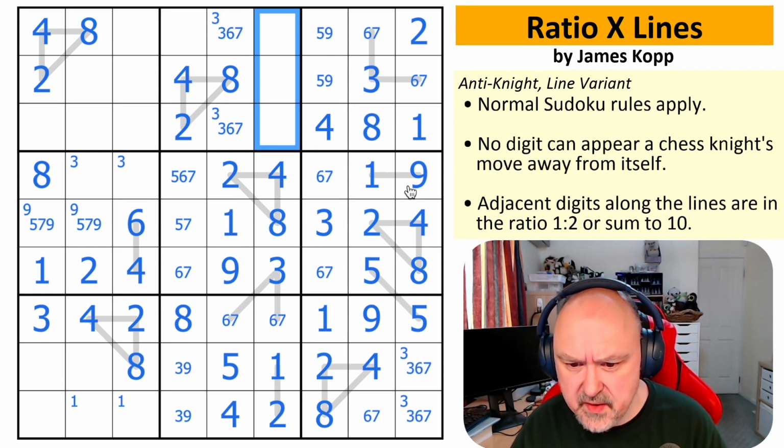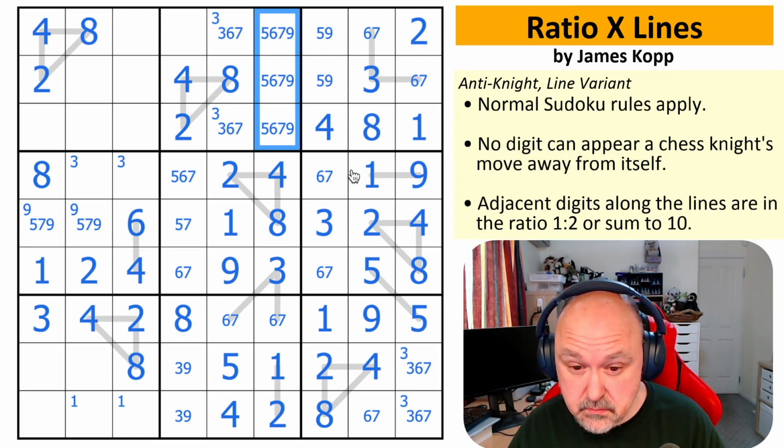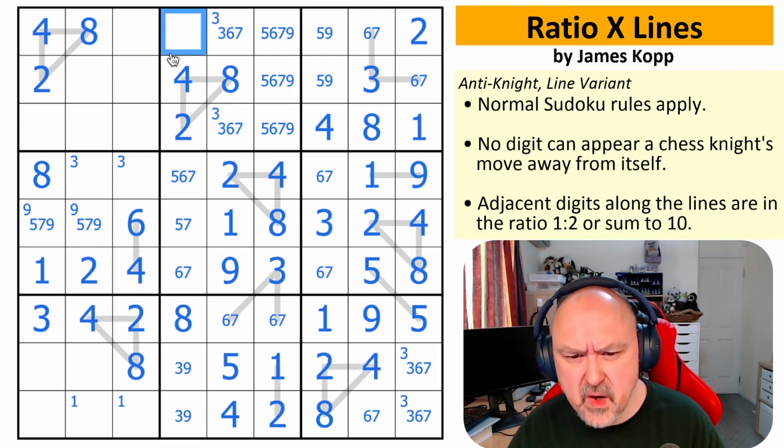This column maybe. 1, 2, 3, 4, 5, 6, 7, 9. Nope. Where's 1 in this box? That's a 1.